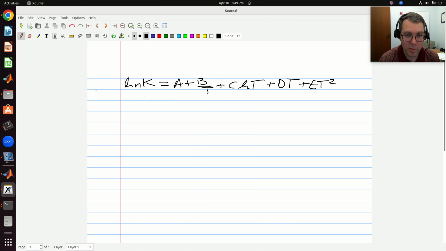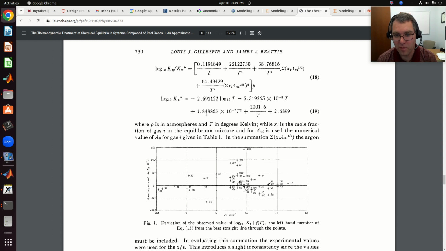What we currently have, you'll see it has the same form. It's constant plus constant over t plus constant times log t plus constant times t plus constant times t squared. So it's the same functional form, it's just here we're using log base 10 instead of natural log.